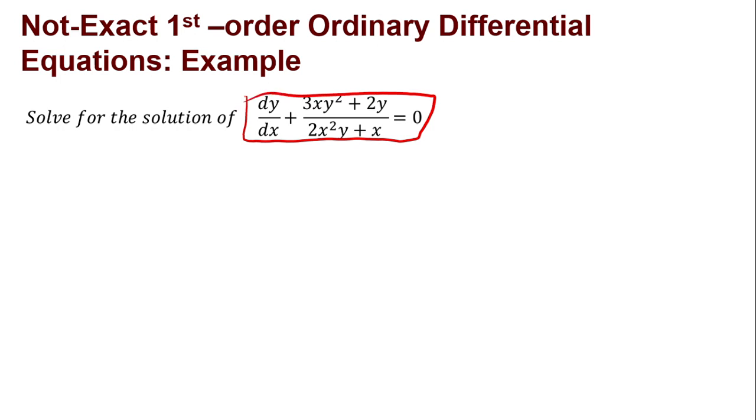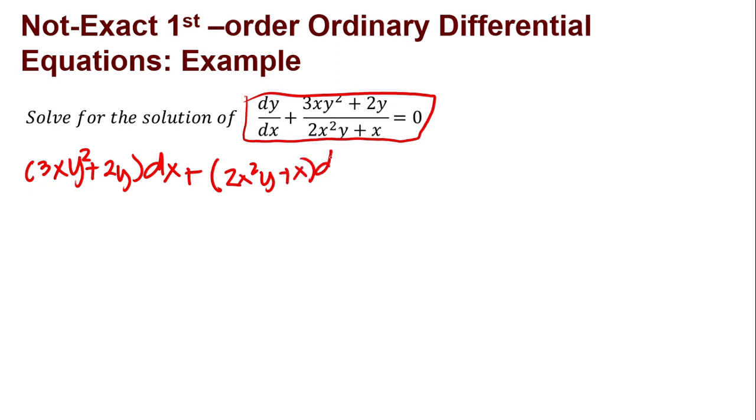So we have to transform it first to differential form so that it is easy for us to identify which are the M(x,y) and N(x,y). We rearrange this: (3xy squared plus 2y) dx plus (2x squared y plus x) dy equals 0.